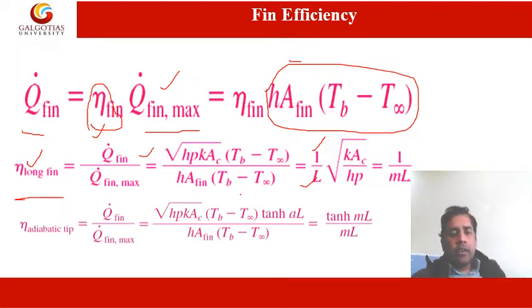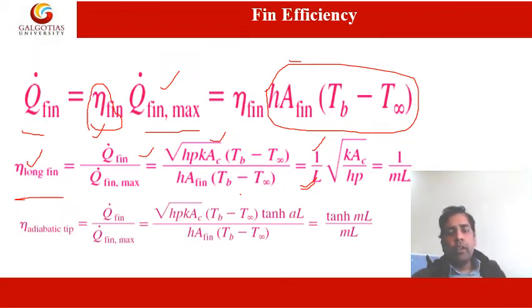The upper part is the actual heat transfer, the lower part is the theoretical heat transfer. That is equal to 1 upon L under root; as you can see, TB minus T infinity will be cancelled, and the area of the fin can be taken as perimeter into length.